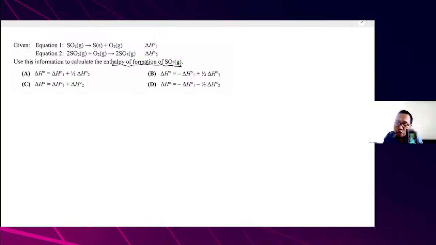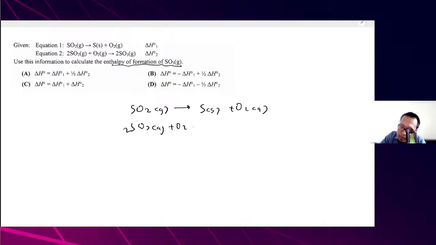So the product should be SO3. It's pretty easy to solve this problem. S in solid and O2 in gas, and then we want to get SO3 as the product.